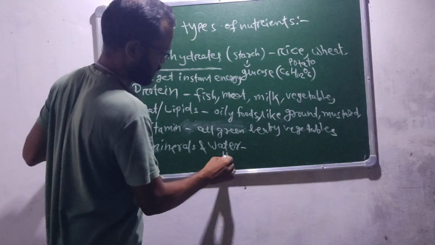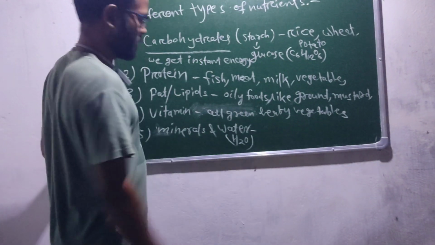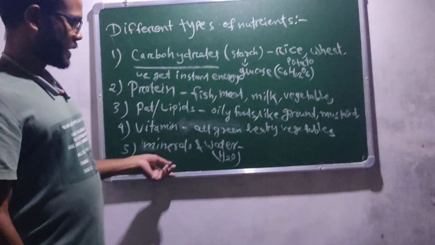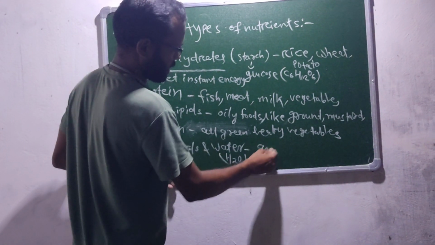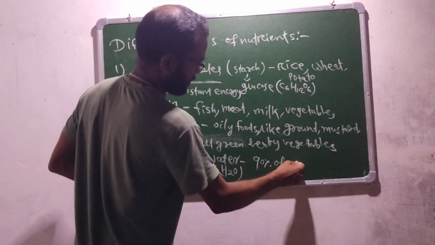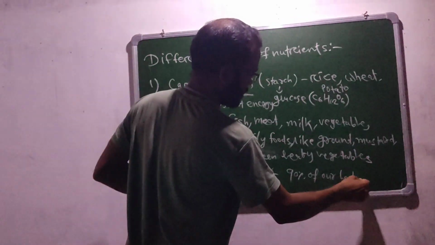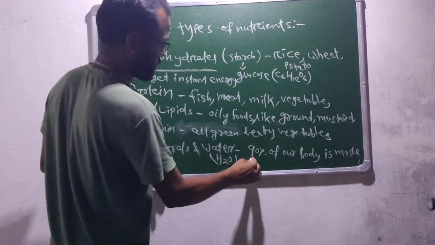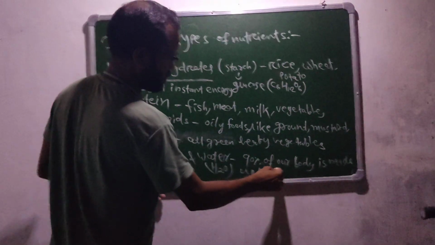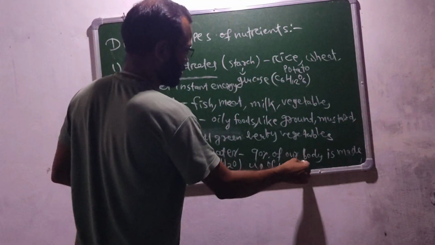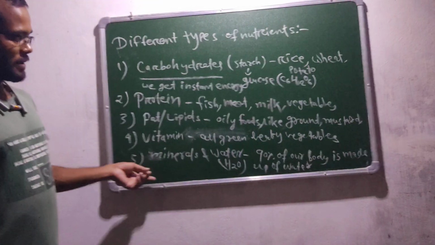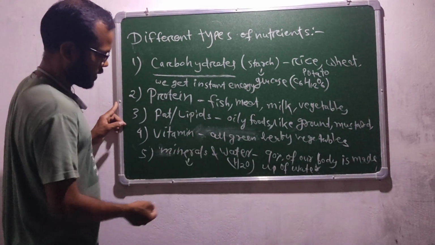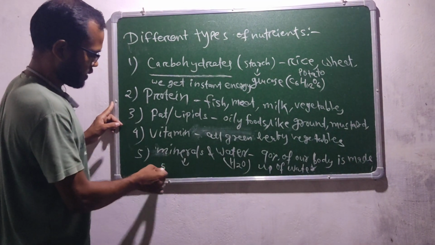And minerals and water. Water is H2O. Most of our body is water, almost 90% of our body is made up of water. That's why we should drink at least 3 to 4 liters of water in a day. And minerals, from where do we get minerals?